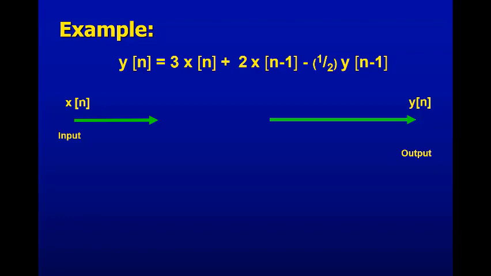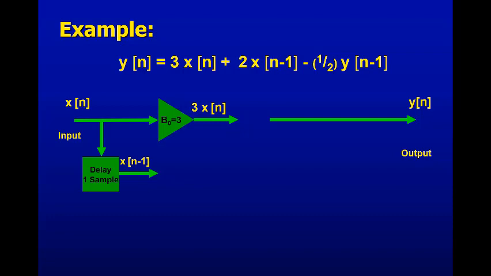y of n is 3x of n plus 2x of n minus 1 minus a half y of n minus 1. And if we want to draw a diagram, we'll take x of n and multiply it by 3. We'll need x of n minus 1, so we'll have a delay unit out here, and then multiply it by 2. And add those together.